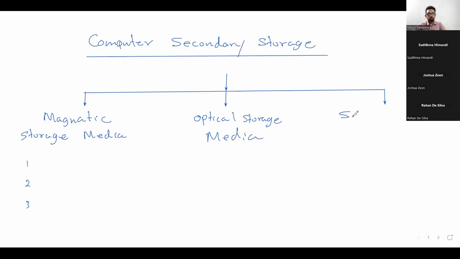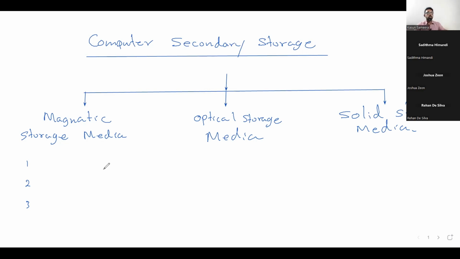And solid state media. You can say solid state storages, optical storages. Just remember these 3 words: magnetic, optical, solid state. Right? Those are the 3 technologies.